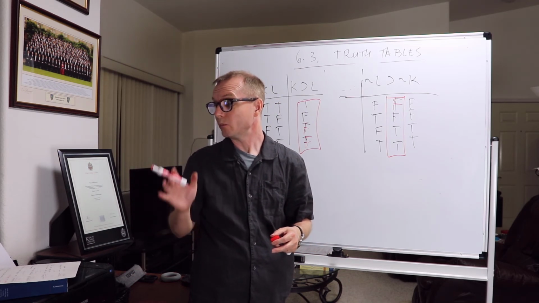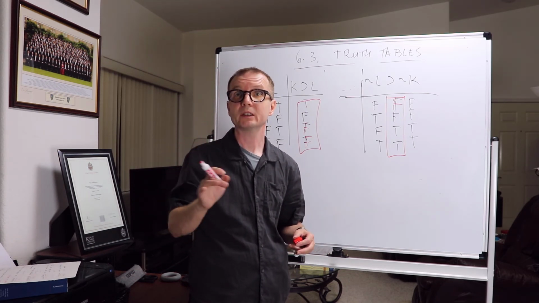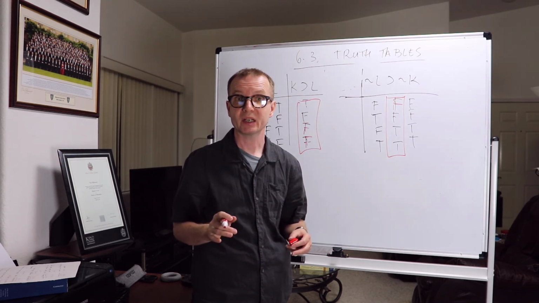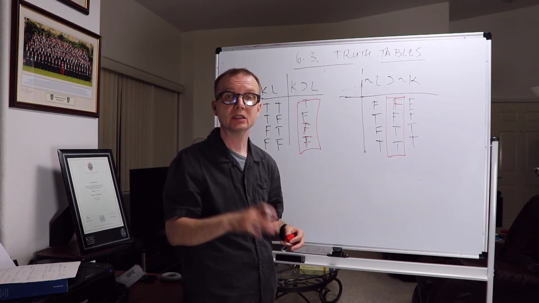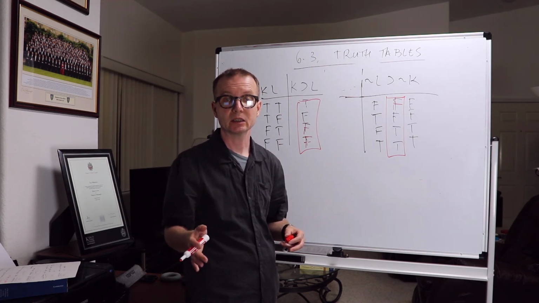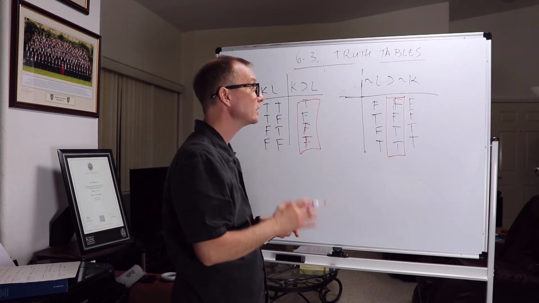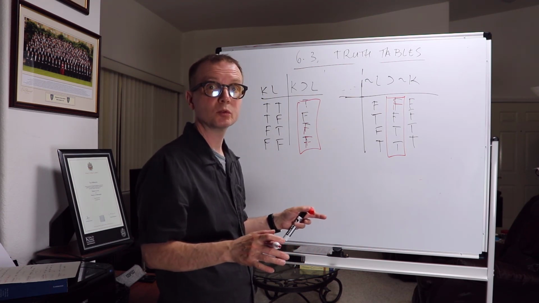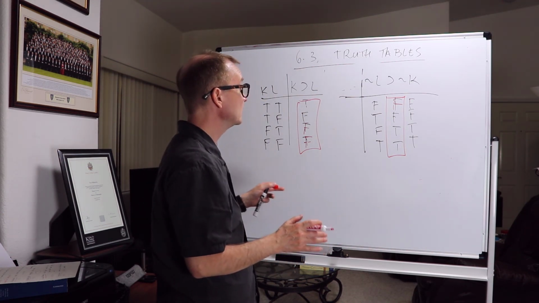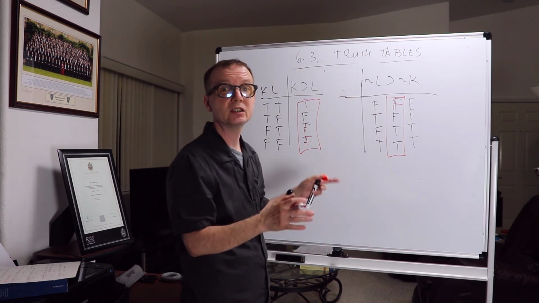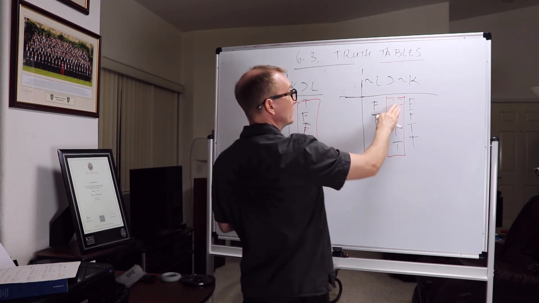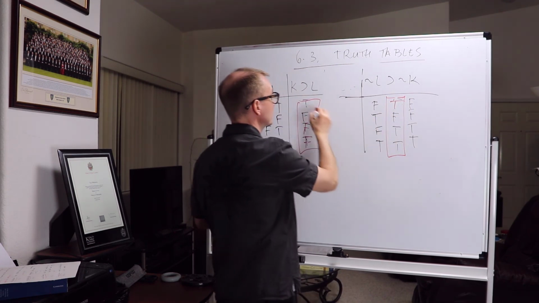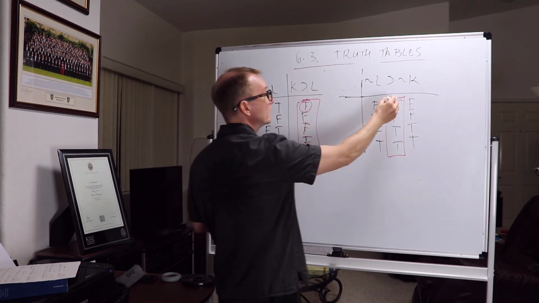Now, what other situations can we possibly have? Consistent and inconsistent. Two statements would be consistent if they have truth in at least one position. So, for example, if this one has true here and this one has true here, then they are consistent.